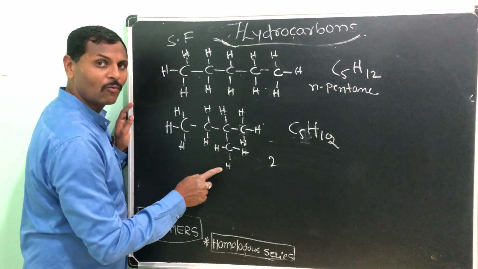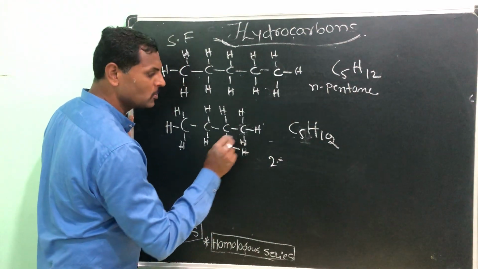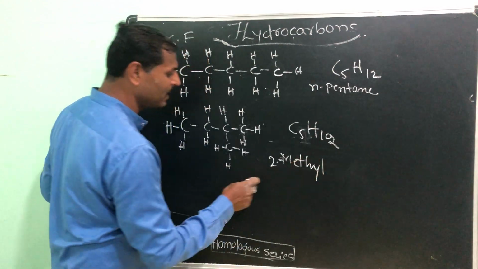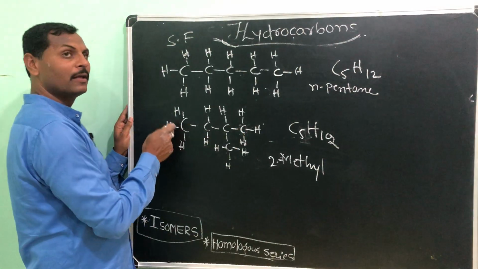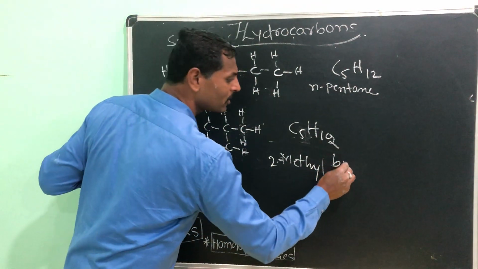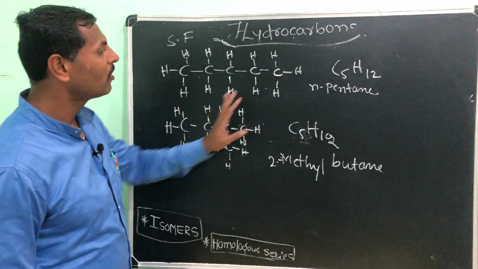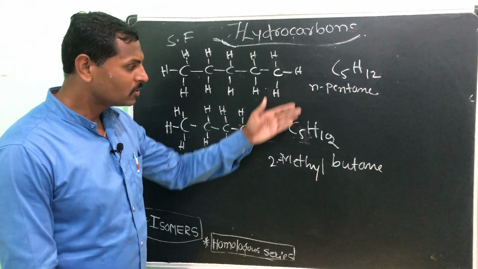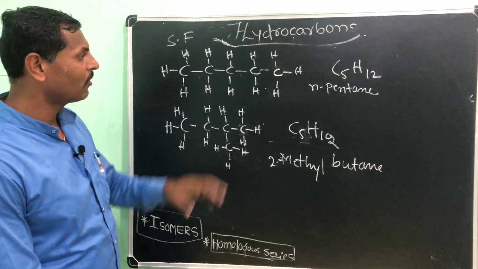One means meth, 2 is its position, methyl, not methane, methyl, I told you in the alkyl group. 2-methyl butane. Why? See, 1 2 3 4 are there, no? 2-methyl butane is also an isomer for pentane, remember it. Like this, two isomers we have seen for pentane.